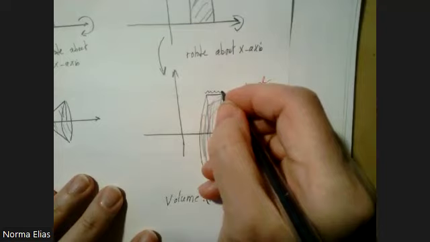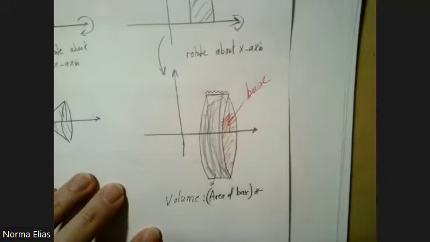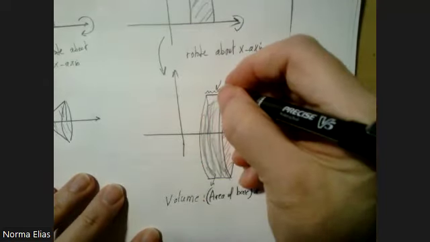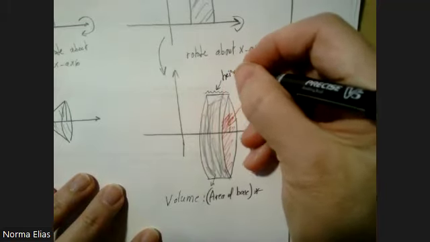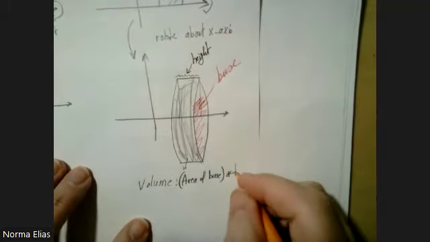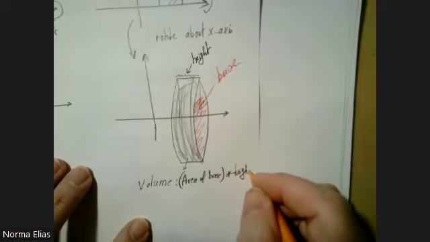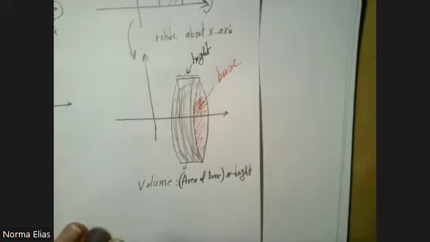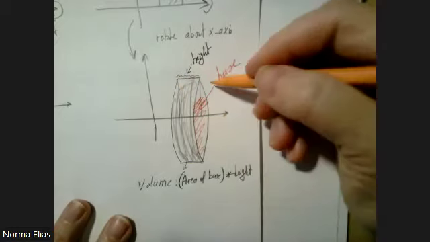It means from here to here. Sometimes we call it depth, sometimes we call it the height. So let's call it the height because a lot of the time it's called the height, but depth is absolutely correct. That's the volume of a cylinder: area of the base times the height.